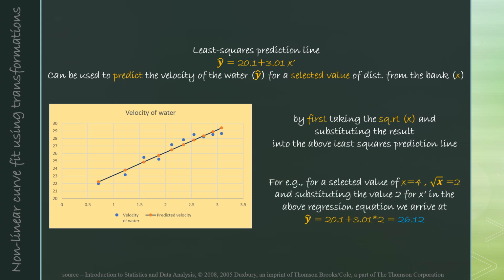For example, for a selected value of x equals 4, square root of x equals 2, and by substituting the value 2 for x prime in the above regression equation, we arrive at y hat equals 20.1 plus 3.01 multiplied by 2, which equals 26.12.